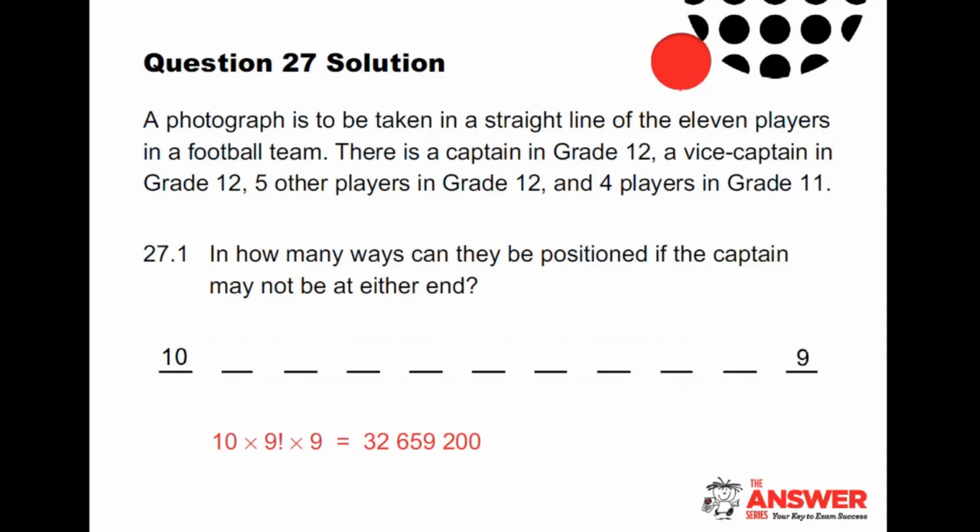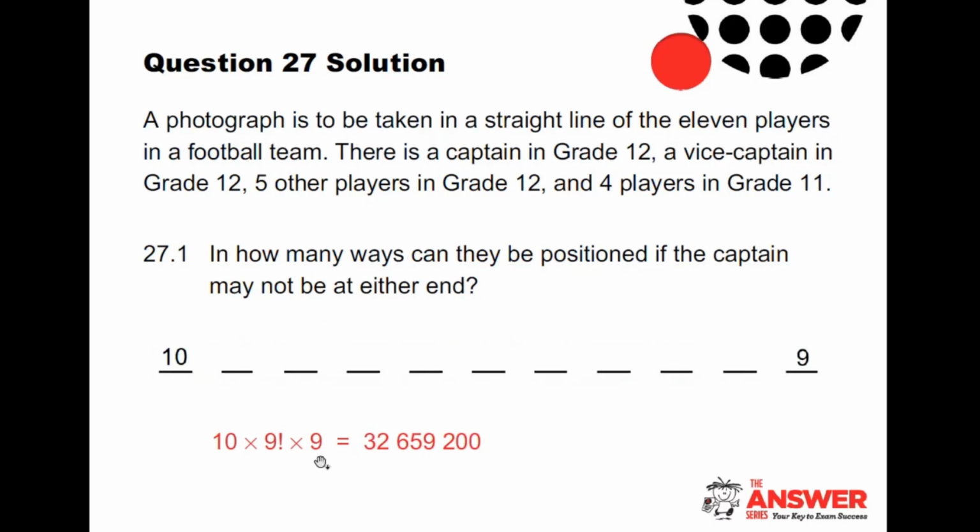So how many people can sit in that last chair? 9, because it can't be the captain and it can't be whoever's in the first chair. So now how many people can sit in these remaining 9 chairs? It's 9 factorial.